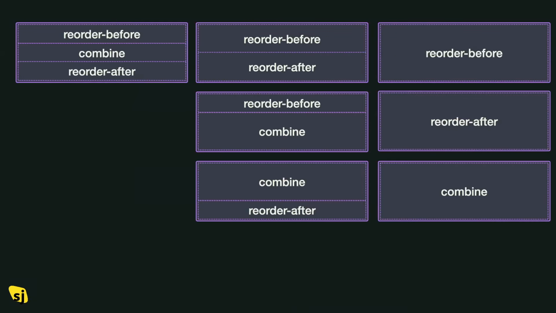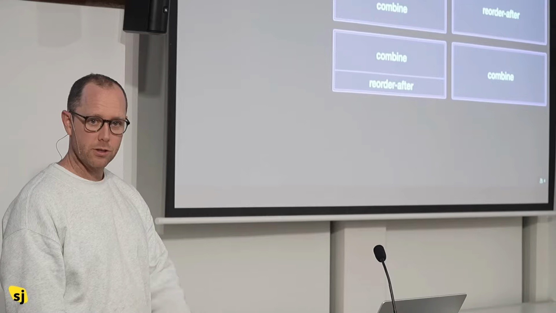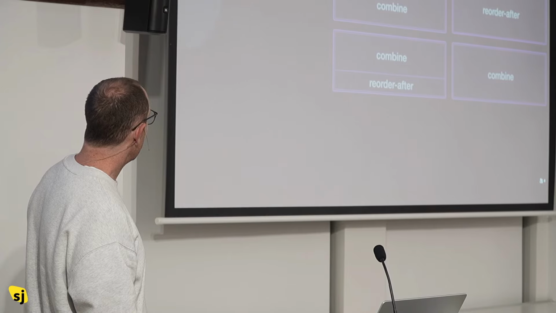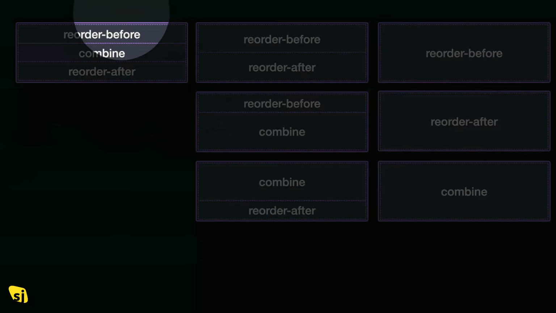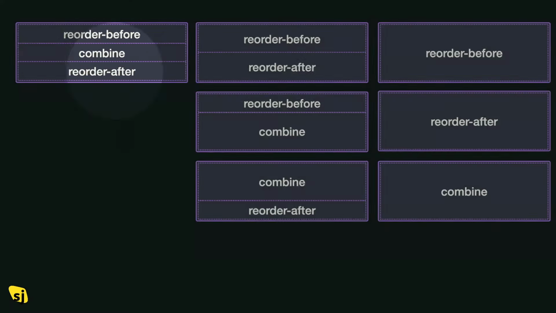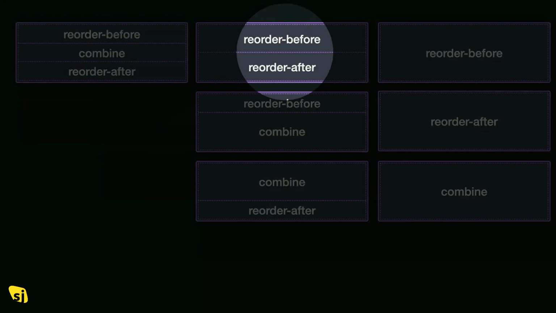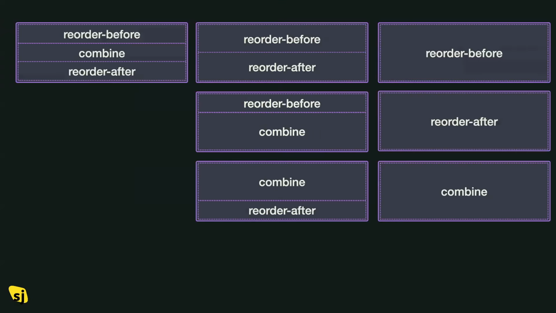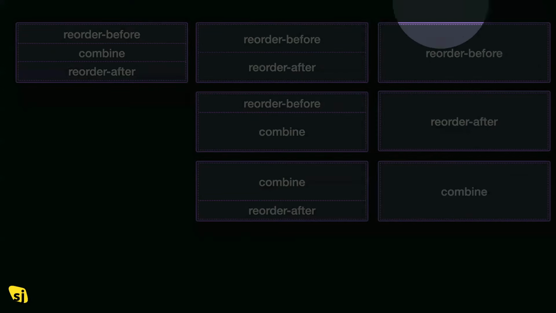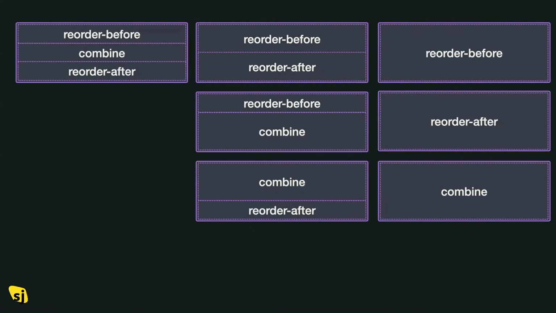The hitbox on that item will dynamically change based on what operations are available. If you've got all three, it's split up like quarter, half, quarter, I think. And if you just have reorder before and reorder after, it's half and half, and then a third and two thirds. I can't remember the exact numbers, but that's the idea, right? You can throw any combination of these things at it and it will figure out what the best hitbox should be to feel good.